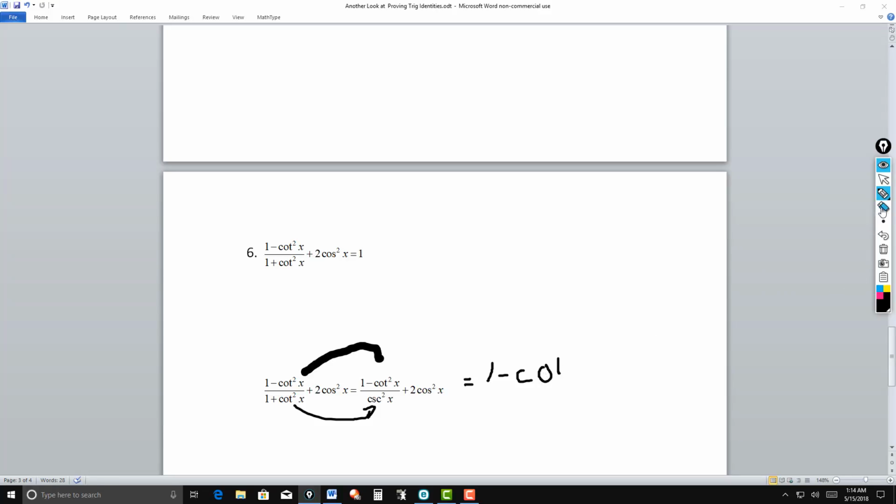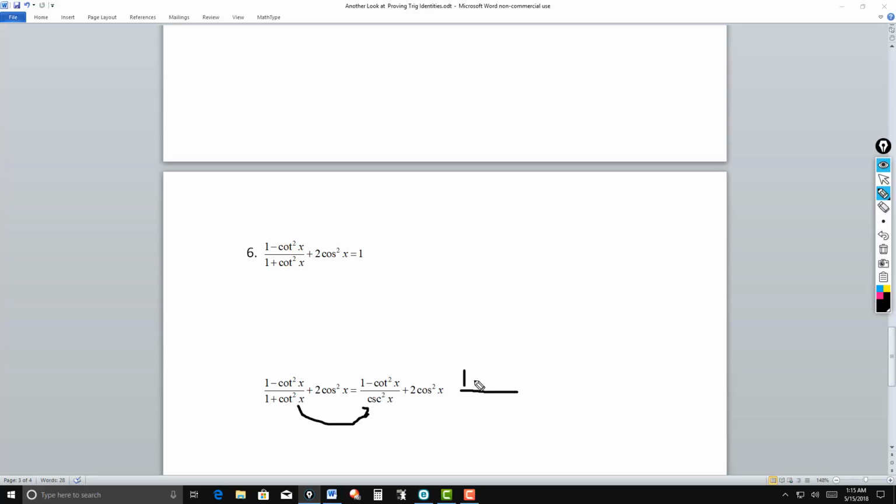Say this is 1. So again, we got 1 plus cotangent squared is equal to cosecant squared. Right there, that's your basic identity.